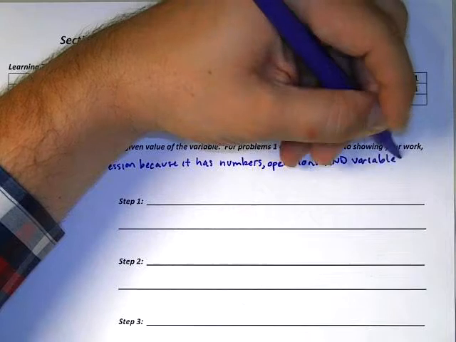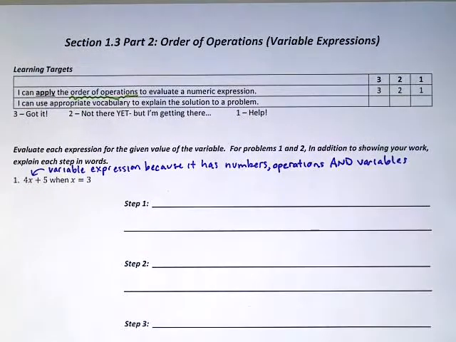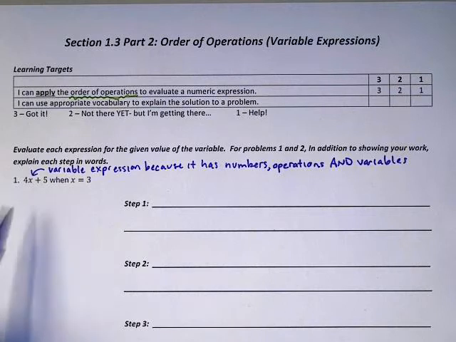Alright? So I'll get out of the way there so you guys can read that. Hopefully that makes sense. And so what we're going to be doing is we're going to be working to evaluate these variable expressions. Okay?